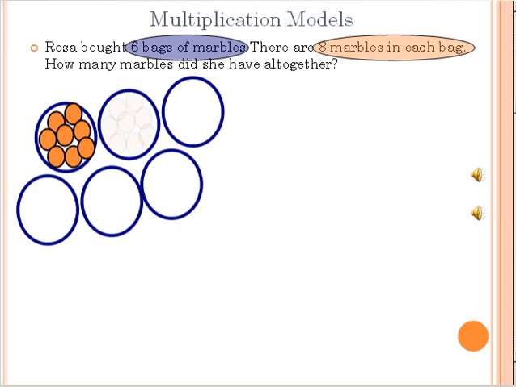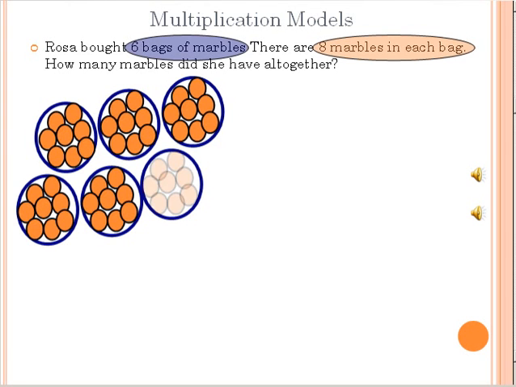Generally, students will just place tally marks or lines or circles, as you can see in this presentation, to represent each of those 8 marbles. The problem now becomes they have to add all of those marbles up. For this reason, the strategy of equal groups is quite limiting because adding by ones is time-consuming.